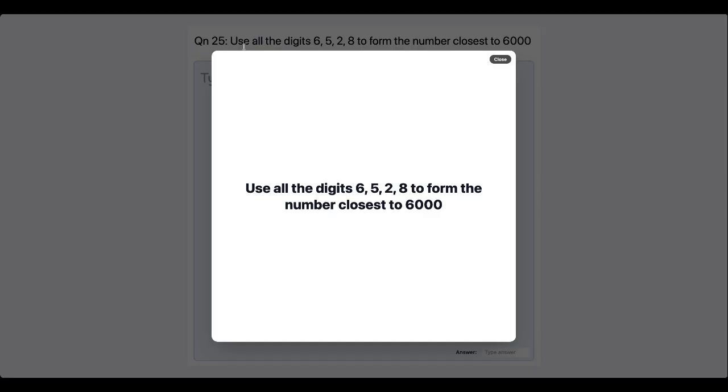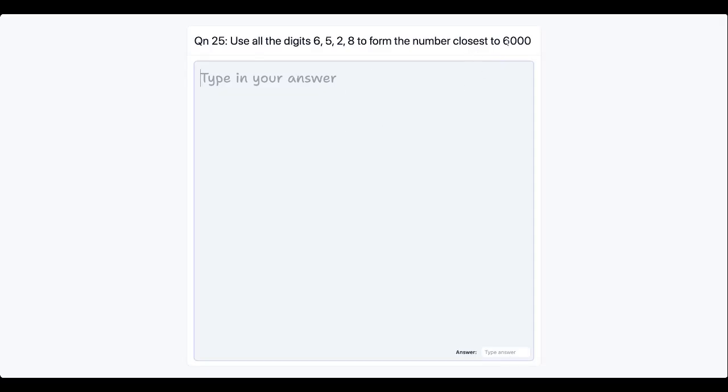Okay, question 25. Use all the digits 6, 5, 2, 8 to form the number closest to 6,000. How do you form a number that's closest to 6,000?